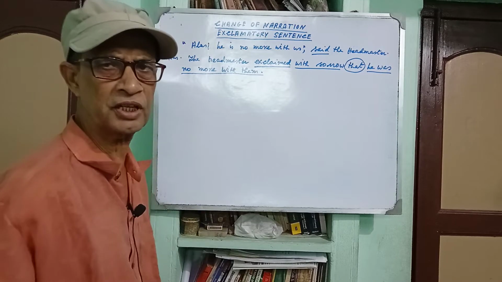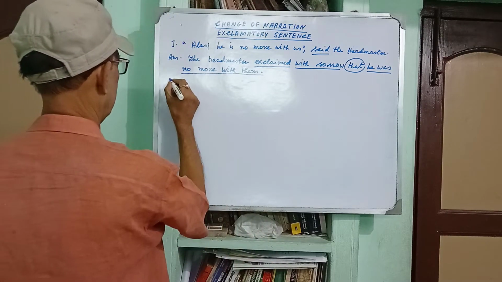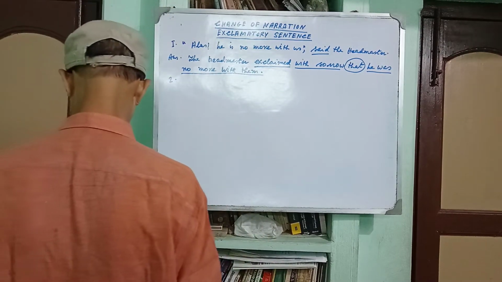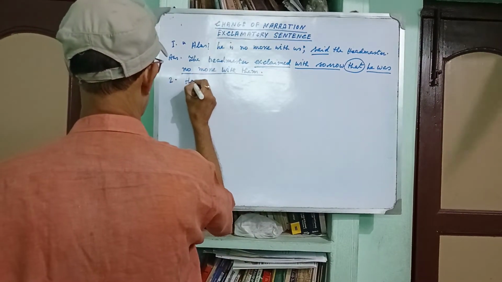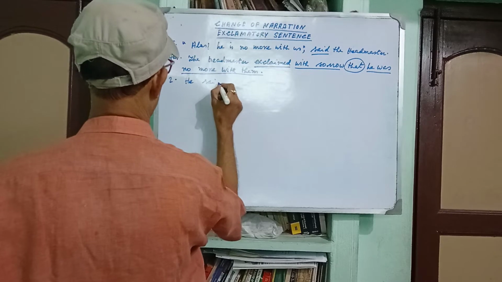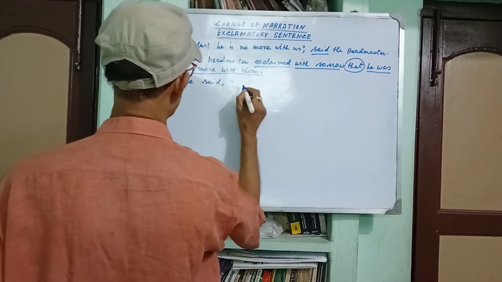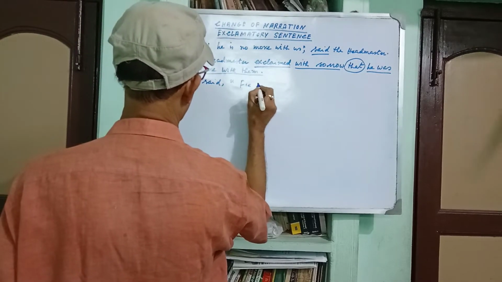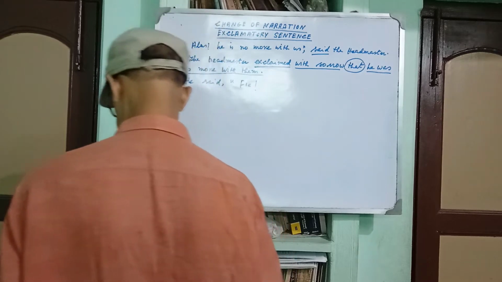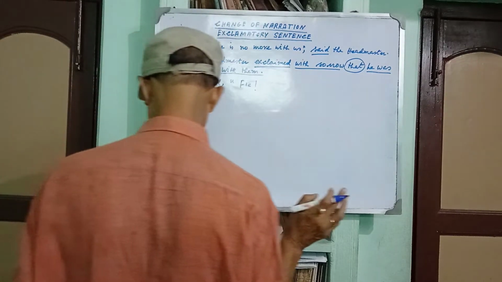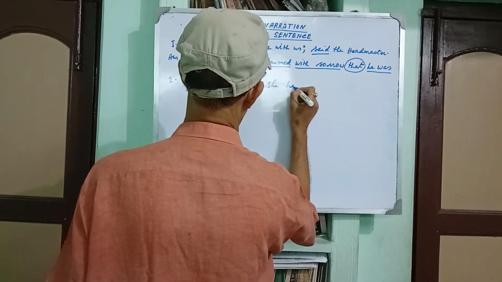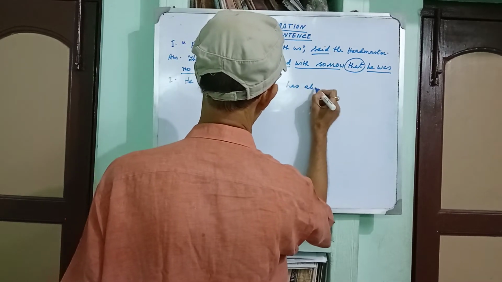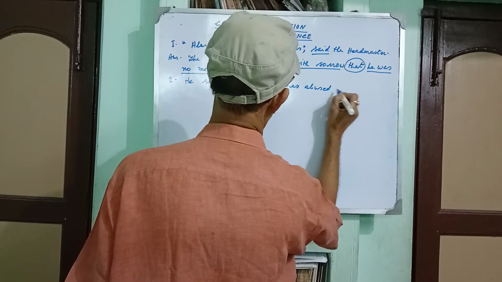Now let us come to the second example. For example, he said, within inverted commas, "Fie! She has abused the child."